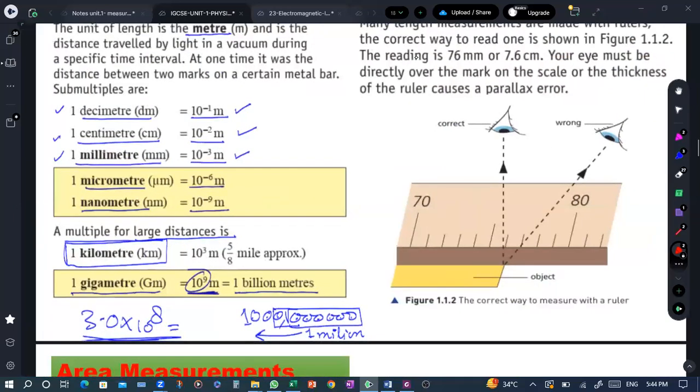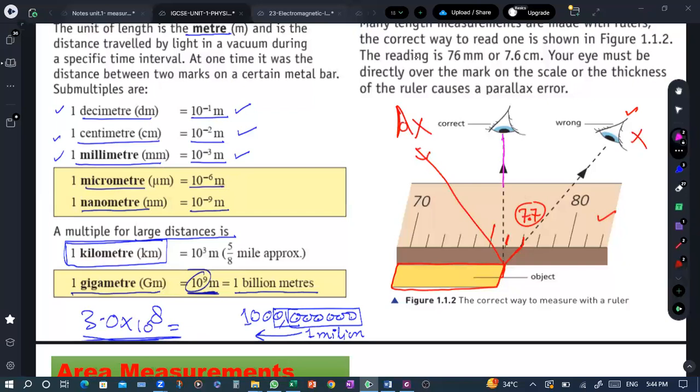This was the edge of a rod or an object, and this is a scale placed along with it. If a person reads from this point, he will read 77 and note down that he has a 7.7 reading, or 77 centimeters. The person reading from this other position will also have a wrong observation. So these two positions are wrong.